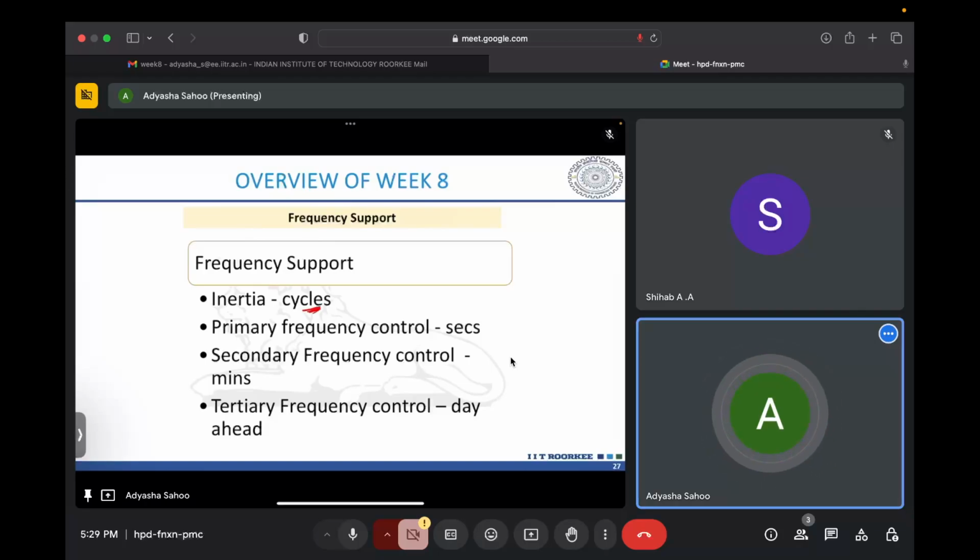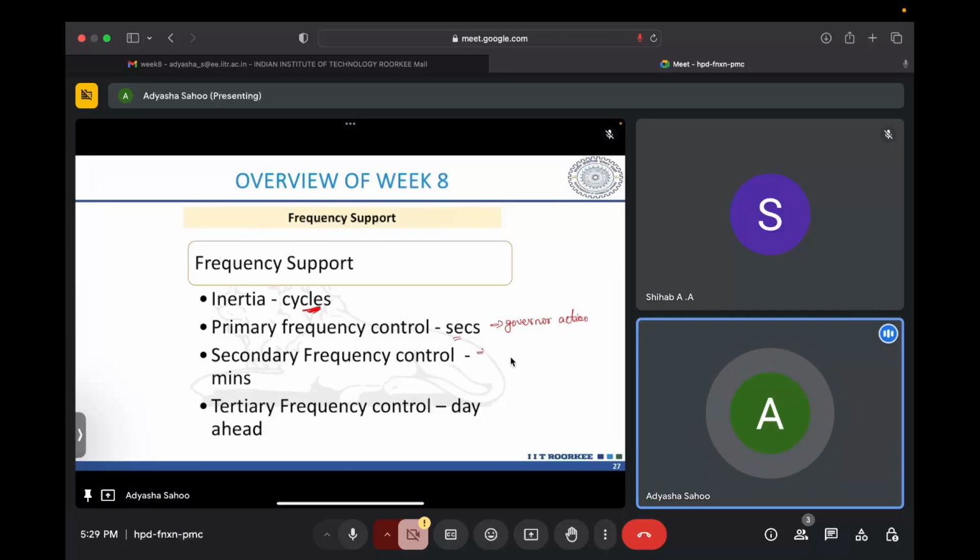After that, in the order of seconds, we have the primary frequency control, which is basically your governor action. You open or close the governor according to whether you have over frequency or under frequency. The next that takes place is the secondary frequency control, in the range of minutes.